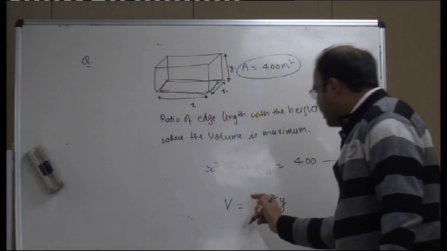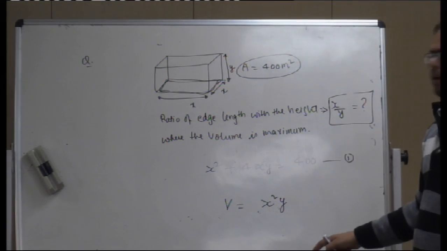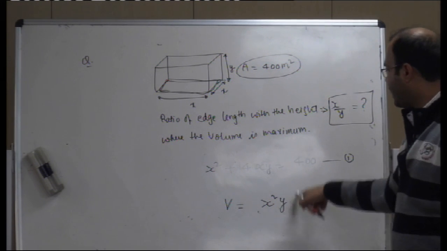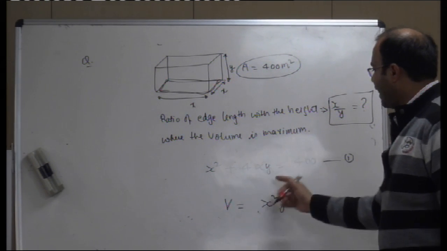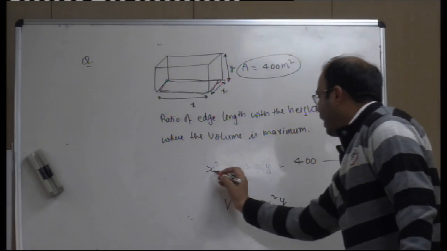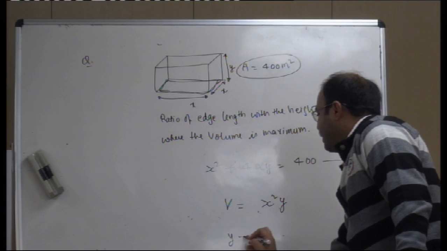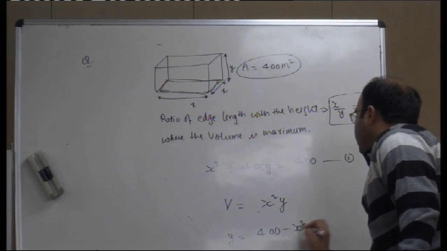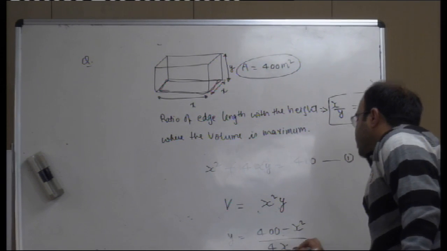When we try to differentiate this volume, we come across 2 different variables, which is difficult. So by the given condition, we express one variable in terms of the other. We can express y in terms of x more easily: y equals 400 minus x square upon 4x.